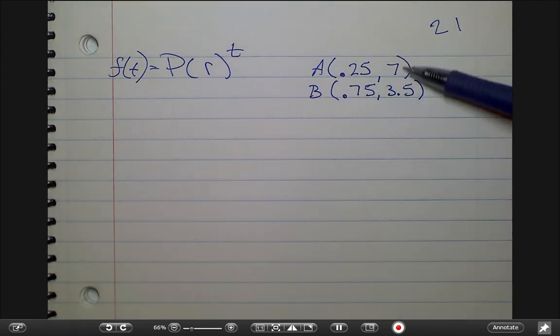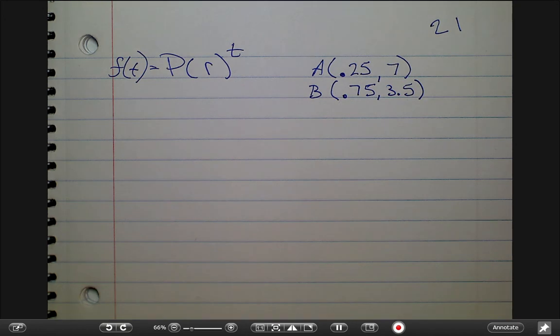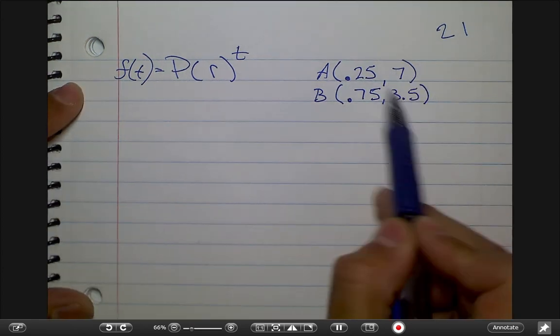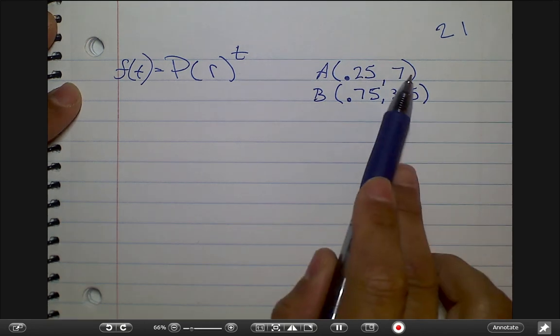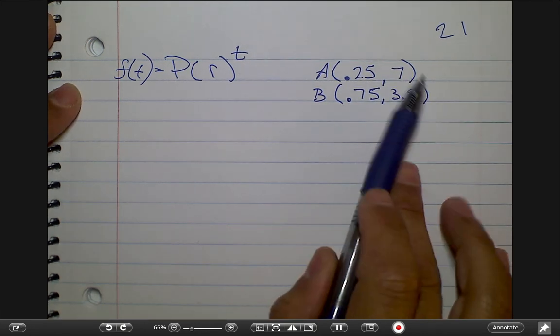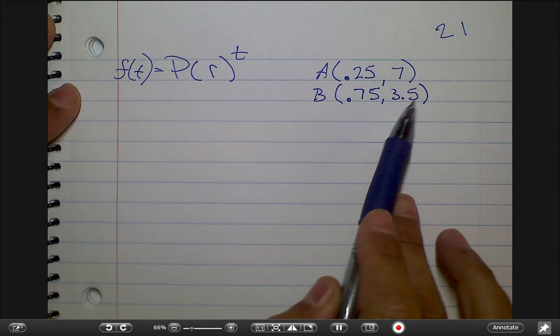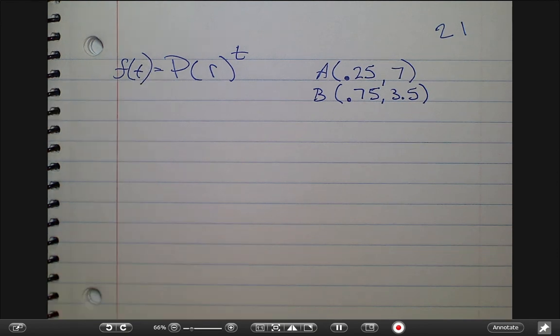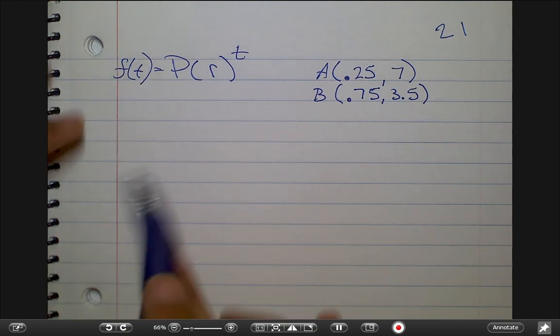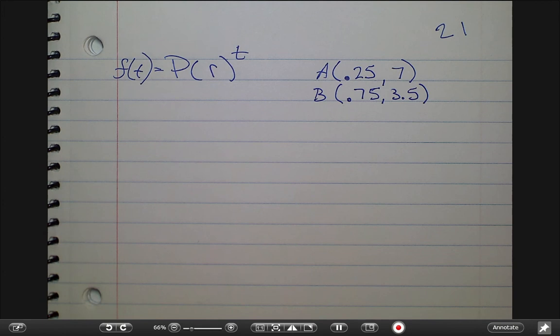So going from here to here, what happened? It decreased by how much? Half. That is the key word right there, half. Okay, these two are the ones that are going to help me for this value. Because we're going to try and solve for P here.